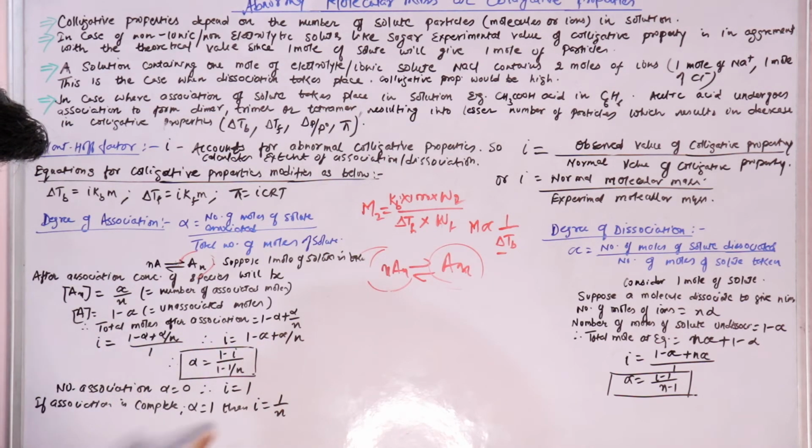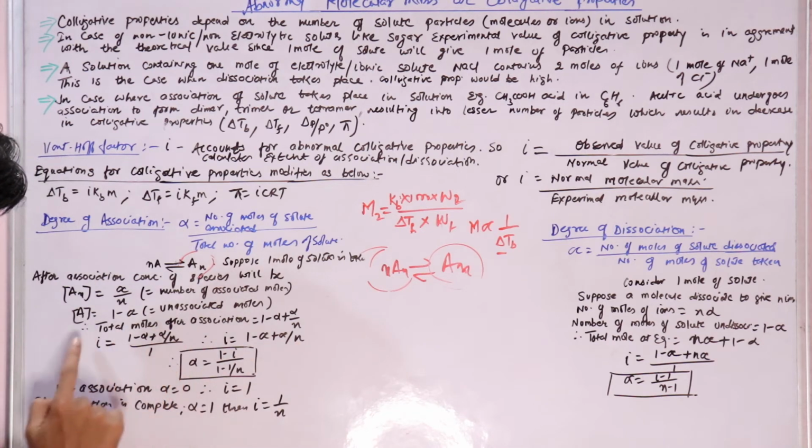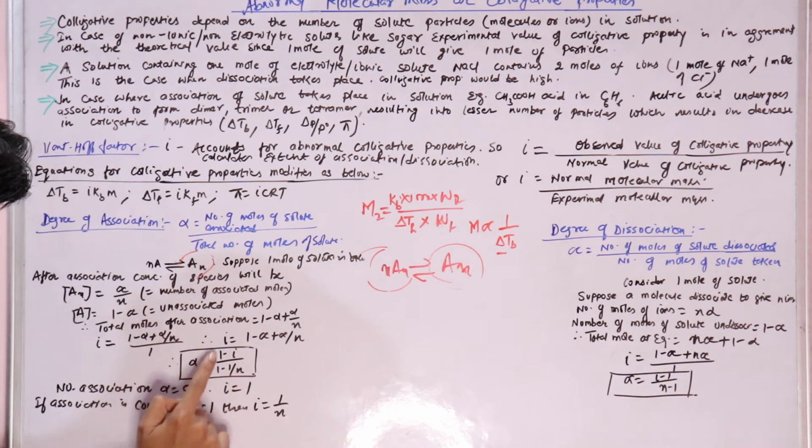If you calculate this, the value of i would be 1 minus alpha plus alpha upon n, and this will come to be alpha equals (1 minus i) upon (1 minus 1 upon n). This is the relationship between degree of association and the Van 't Hoff factor.